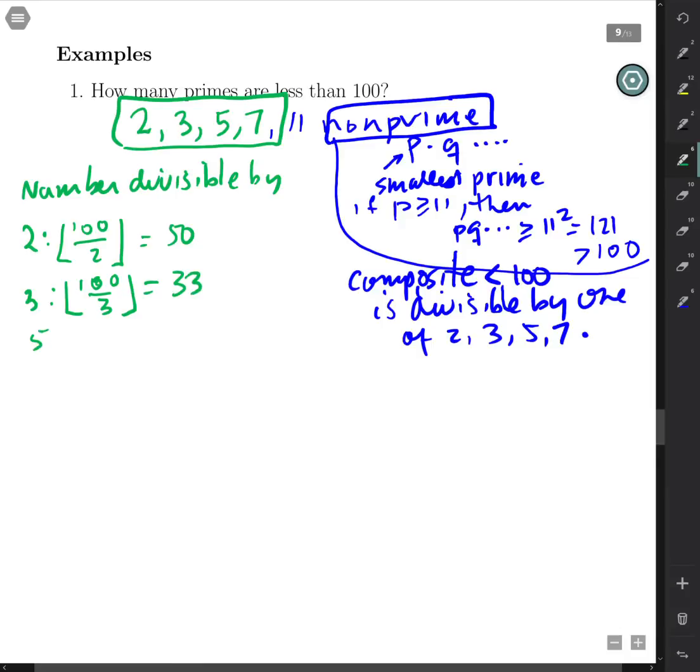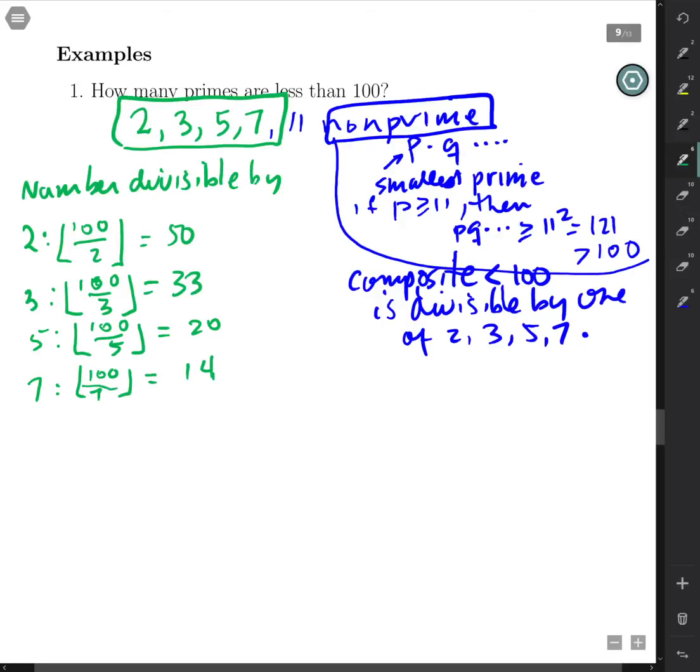By 5, we'll take the floor function of that, and that's just 20. That's exactly 20. By 7, the floor function of 100 divided by 7 is 14. 7 times 14 is 98.